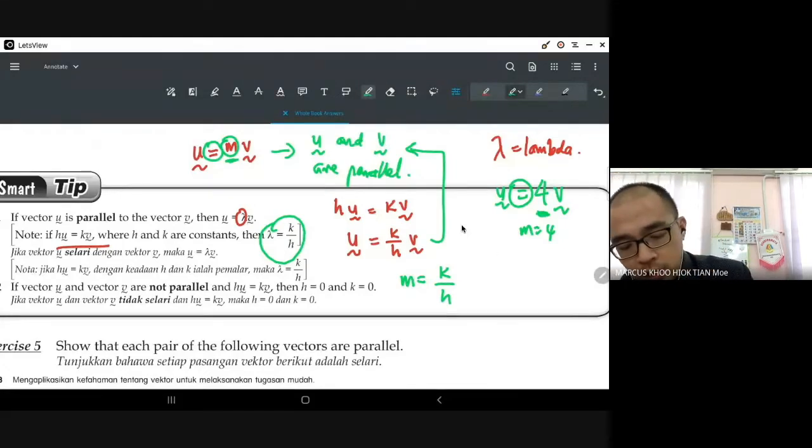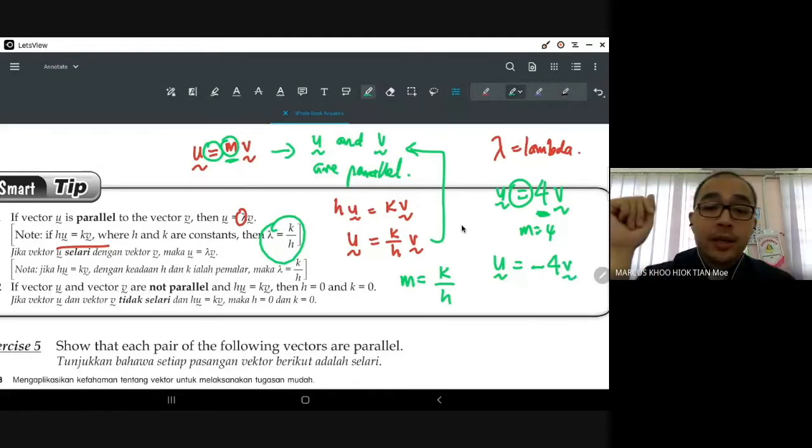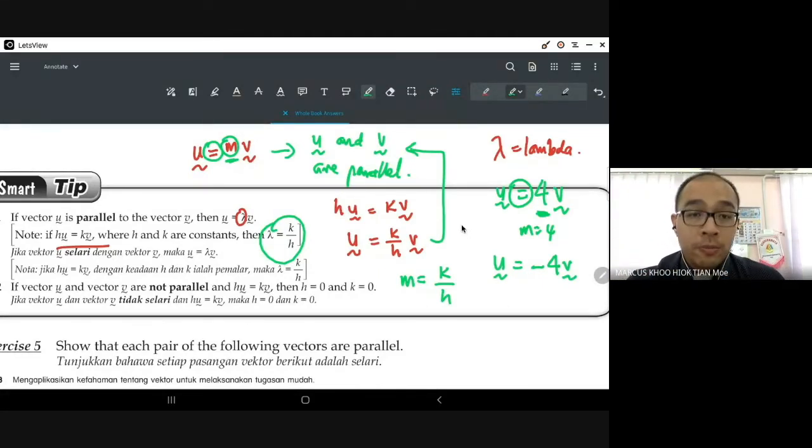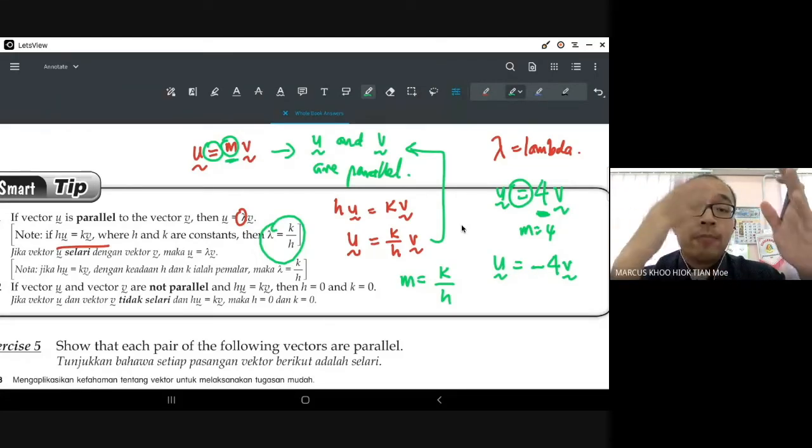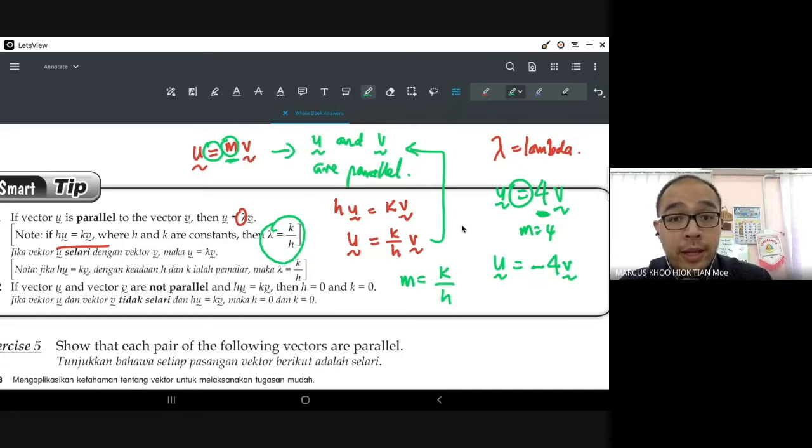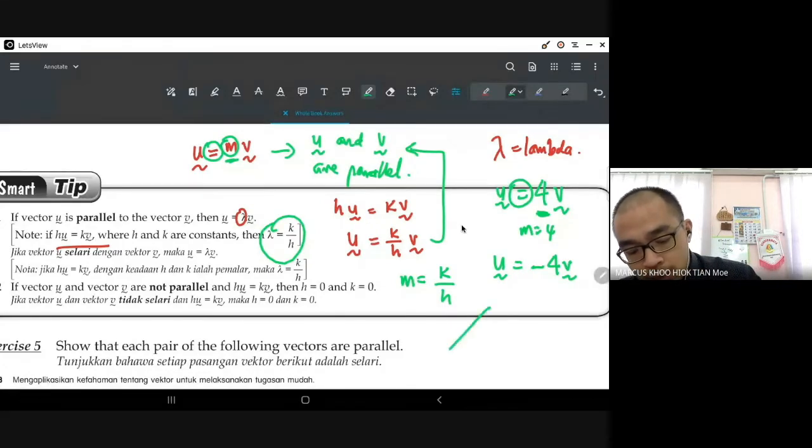What if u equals negative 4v? Is it parallel or non-parallel? The answer is it is parallel. The negative sign just means that the direction changes, but the lines will still be parallel because there's a number there. So maybe u is like this, and then v is like this.